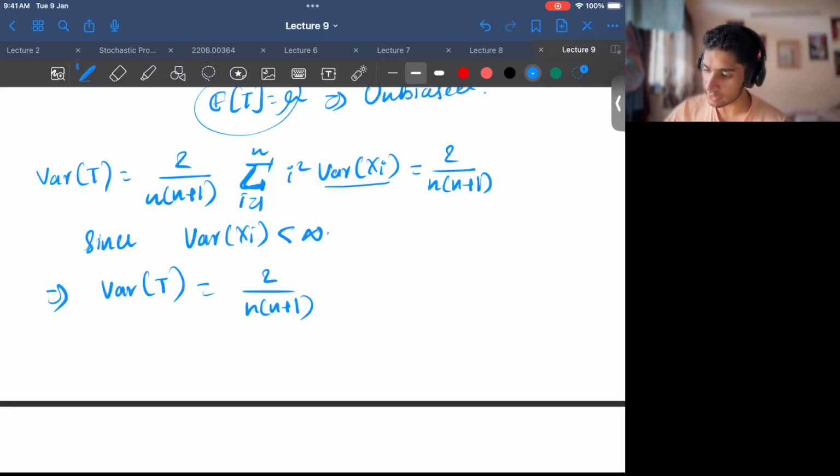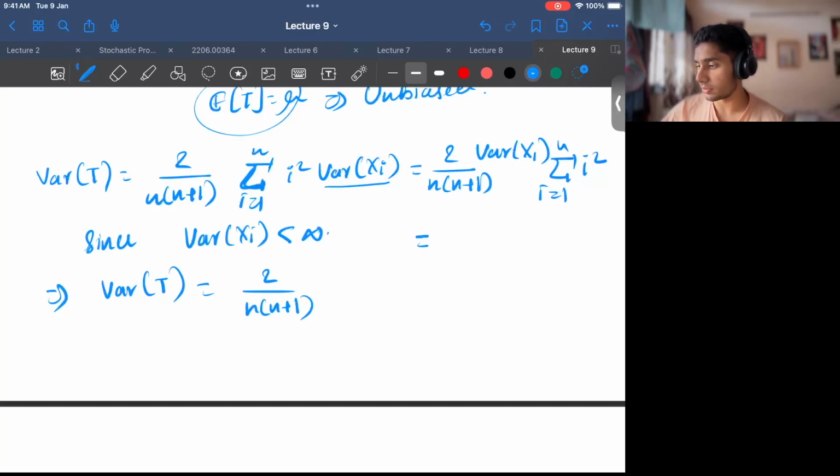Since they are IID, the variance of xi for all i is the same, so I can just take one of them, the variance of x1, and take summation i equal to 1 to n of i squared.